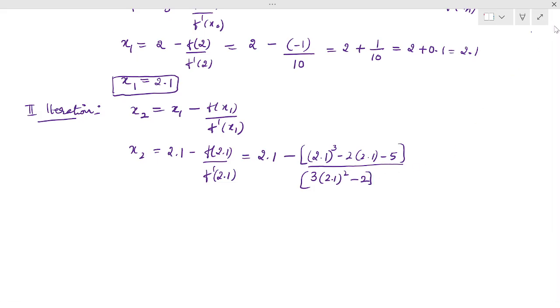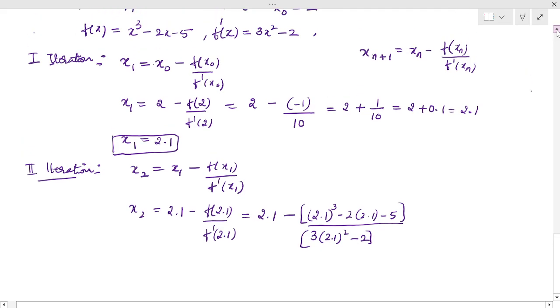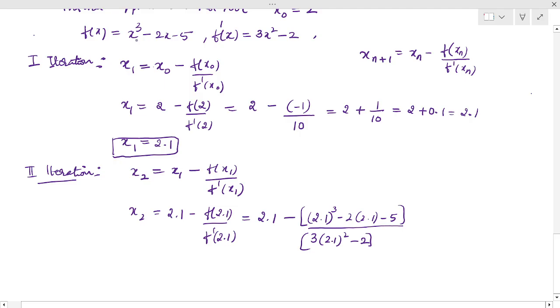Otherwise you can go back and observe f of x and f dash of x. F of x is x cube minus 2x minus 5. F dash is 3 into x square, that is 2.1 whole square, minus 2.